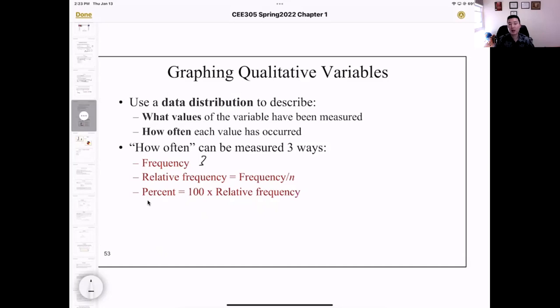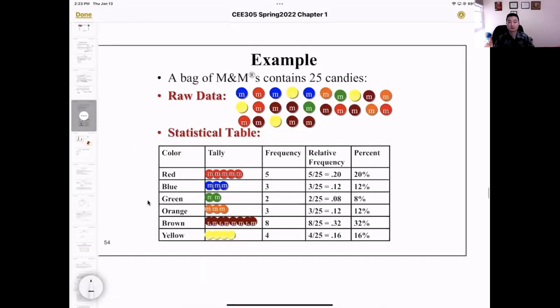So if we measure 10 times in total and one value occurs 3 times, then the relative frequency will be 3 over the total 10, which is 30%. Percent is 100 times relative frequency. So 100 times 3 over 10 is 30%. That's the example.